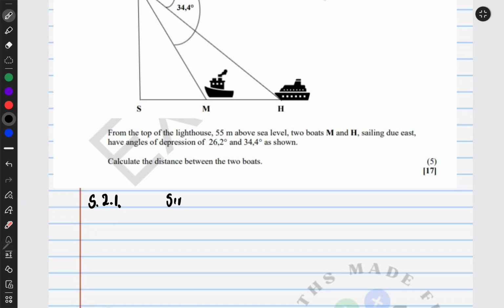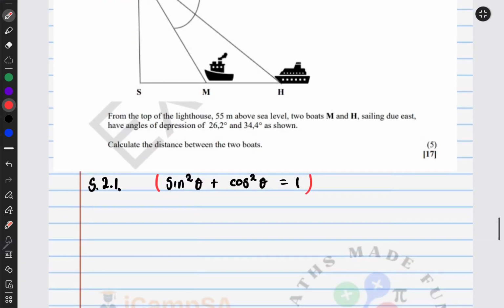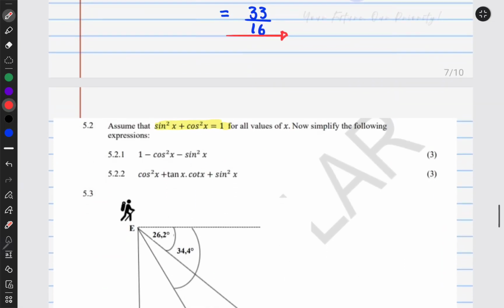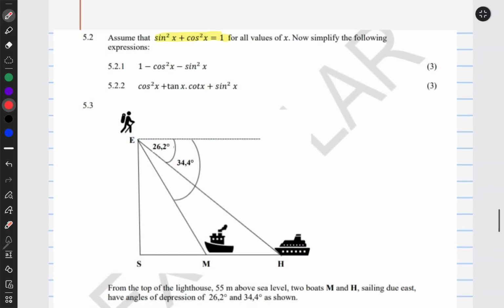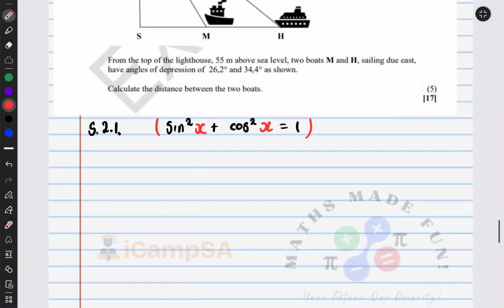First thing first, we are told sine squared theta plus cos squared theta is equal to 1. That's an identity, and they use x instead of theta. Okay, and then we have to simplify 1 minus cos squared x minus sine squared x.